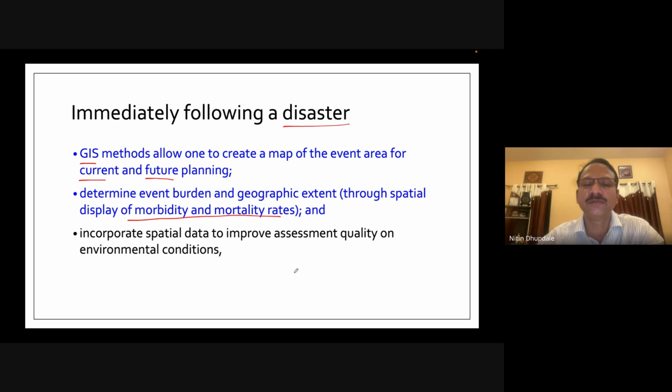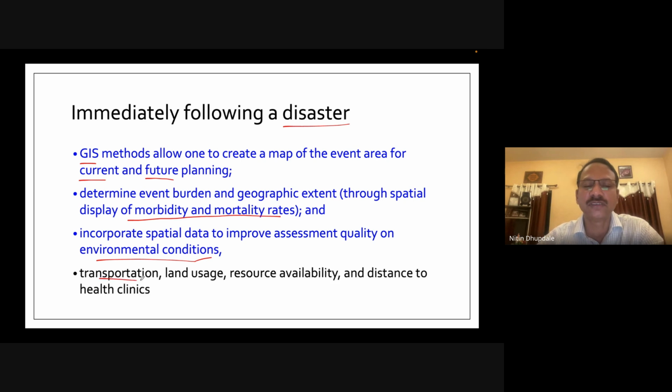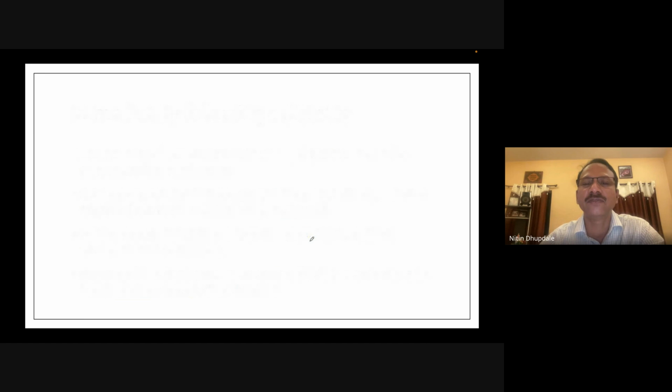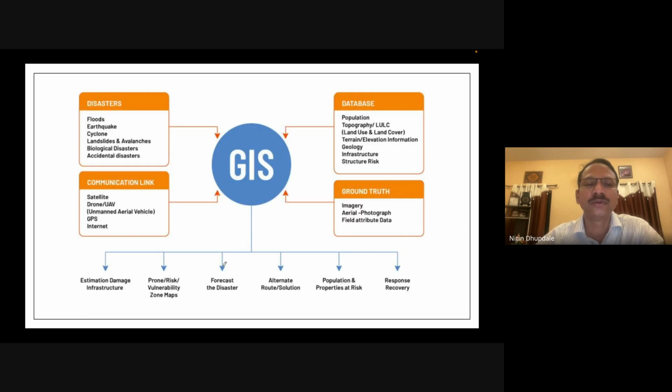Also, it helps in finding out what environmental conditions are prevalent, what transportation is available, and what the distance is to the health clinics and other variables. So GIS can help us respond to the disaster and plan for future disasters. This is a graphic representation of which disasters and how it can help us.